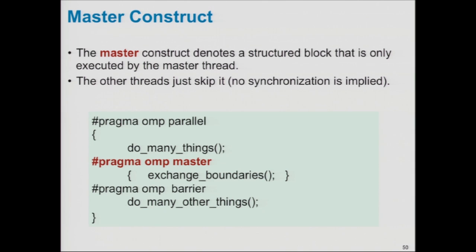And all the other threads reach this, and they just go right past it, because the compiler is going to create 2 different functions: execute this one in the master, and execute one that does not include that structured block in the other threads. Who is the master thread? The master thread is the initial thread that created this parallel region, so typically thread 0.